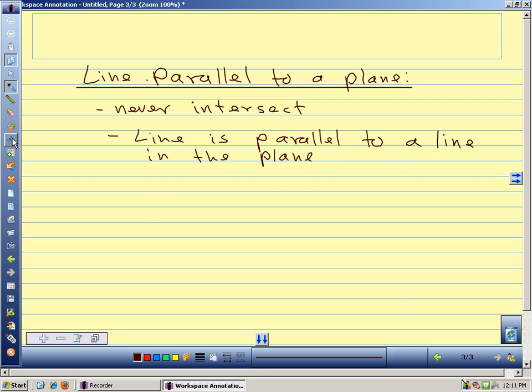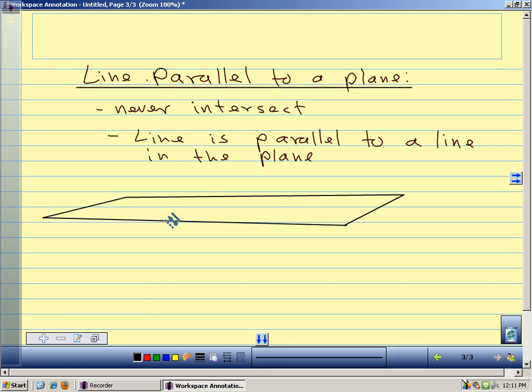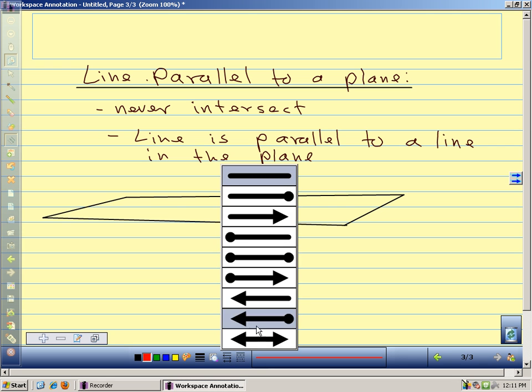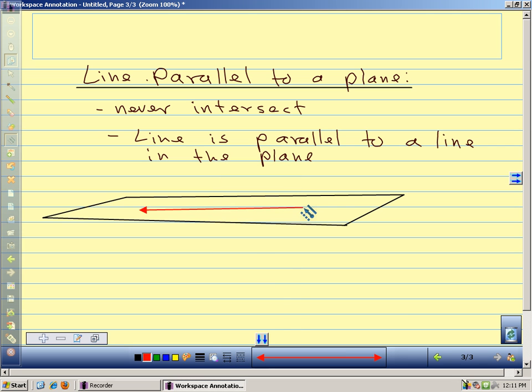And we'll draw a picture. Here's my plane. Here's my line in the plane. And here's the line that we're interested in.